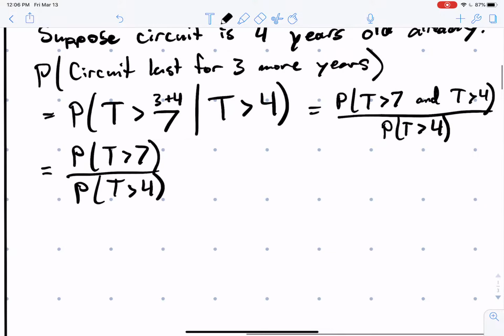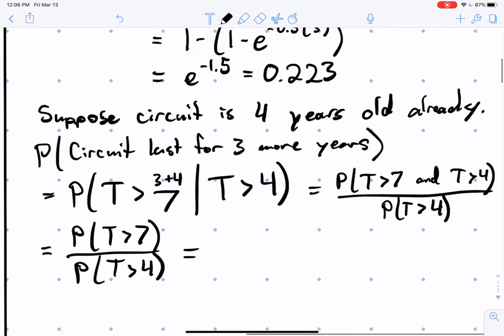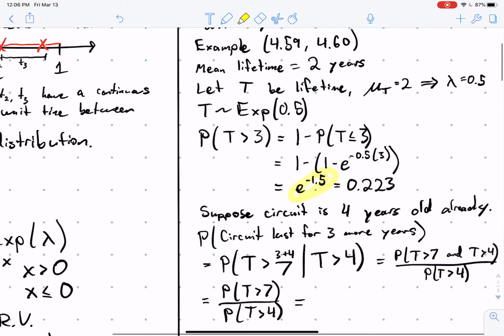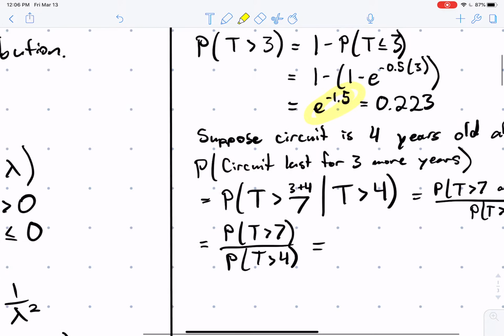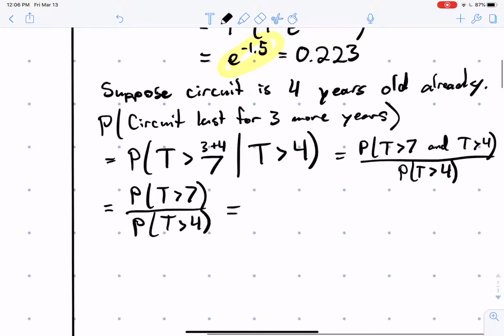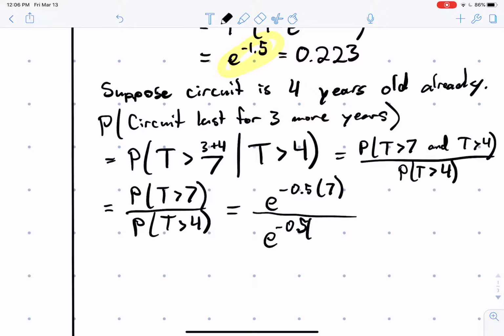We can apply the same result from up here to top and bottom. So we have e to the negative lambda, 0.5 times 7 on top, that's the probability that T is greater than 7, over e to the negative 0.5 times 4 years.